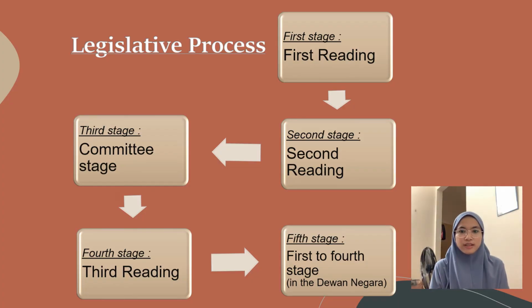First reading. In this stage, before a minister introduces a bill, he must give early notice to the clerk about his intention to introduce the bill to the representatives. Second reading. At this stage, the representatives are allowed to debate and discuss the bill after the minister presents it for the second time.